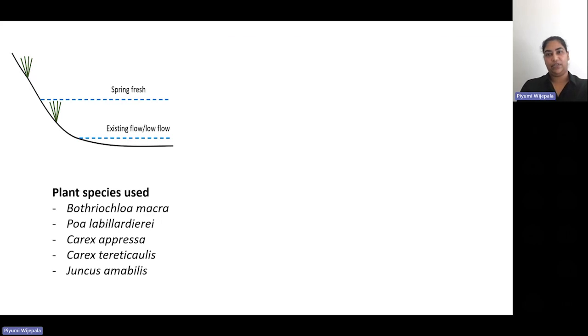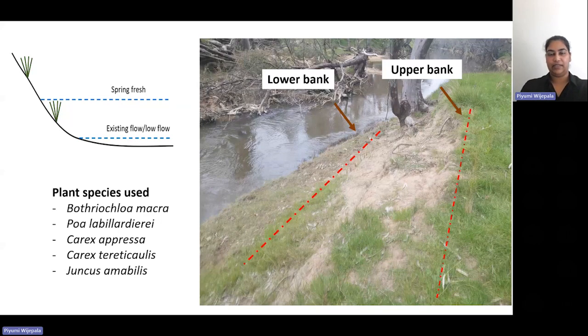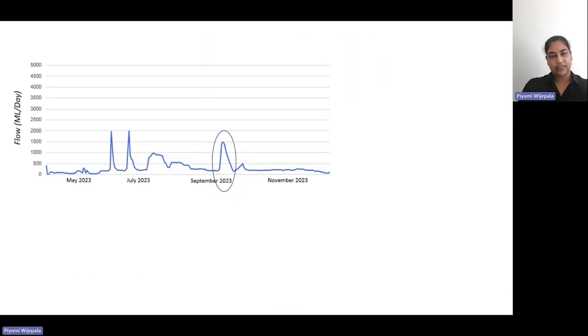This is what it looked like in one of the sites, the Campaspe River Dogs Reserve site. This is how we planted our plants in the lower bank and upper bank, and then they were exposed to the spring fresh event, and that's how it looked at the initial stage. This is the spring fresh event that we had last year.